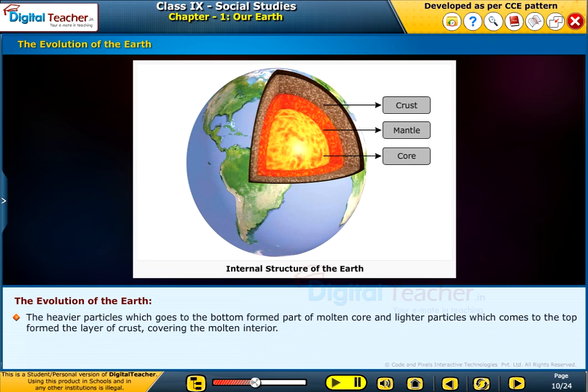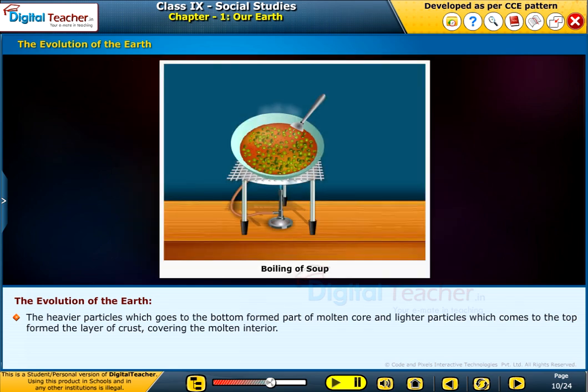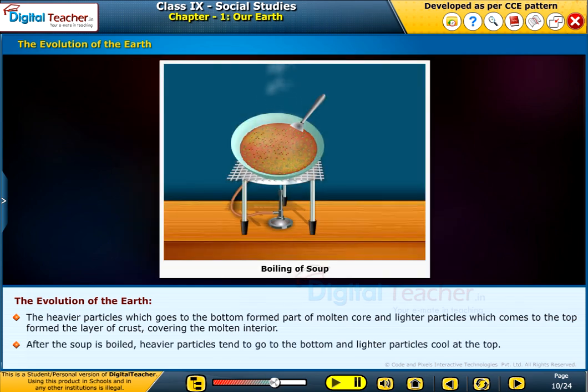The heavier particles which go to the bottom formed part of the molten core and the lighter particles which come to the top formed the layer of crust covering the molten interior. For example, boiled soup. After the soup is boiled, heavier particles tend to go to the bottom and lighter particles cool at the top.